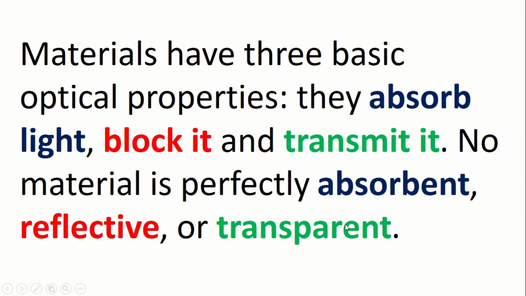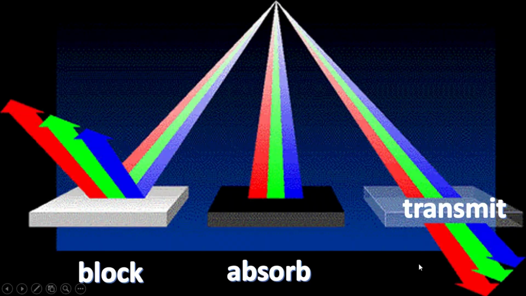But remember, no material is perfectly absorbent, reflective, or transparent. Why did I say so? Because there are different colors, there are different properties of an object, which is not also perfect. So this also means that it cannot perfectly absorb, reflect, or transmit.